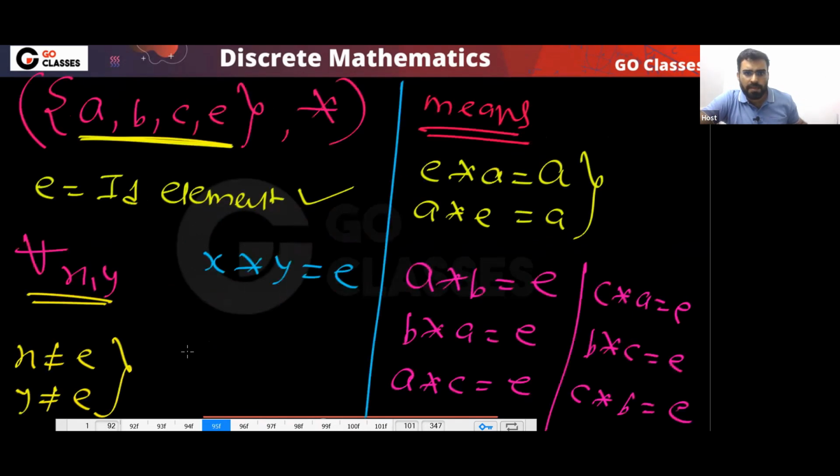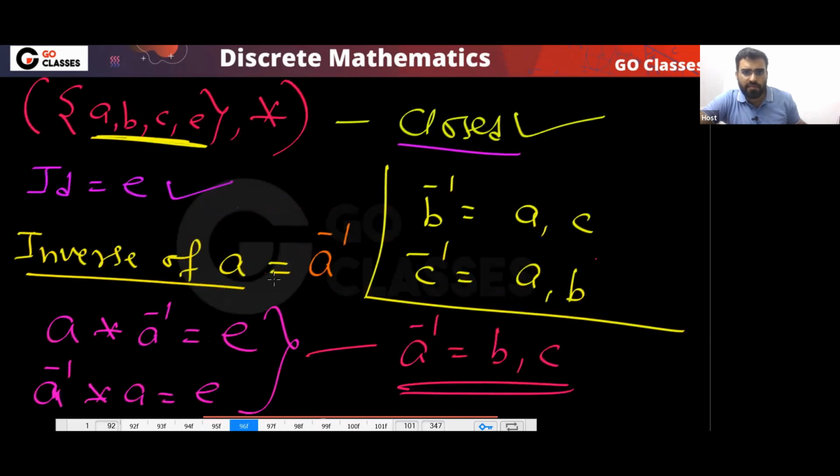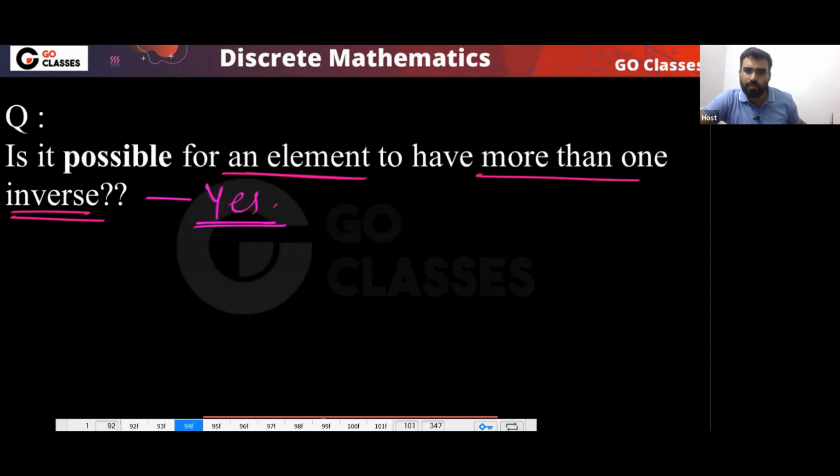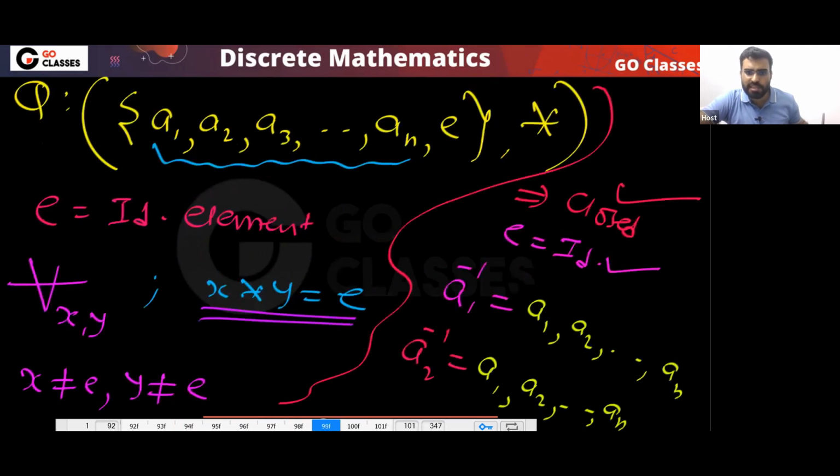Right? So I just want to tell you that more than one inverse is possible. Is it possible that an element can have more than one inverse? Yes, that is possible.